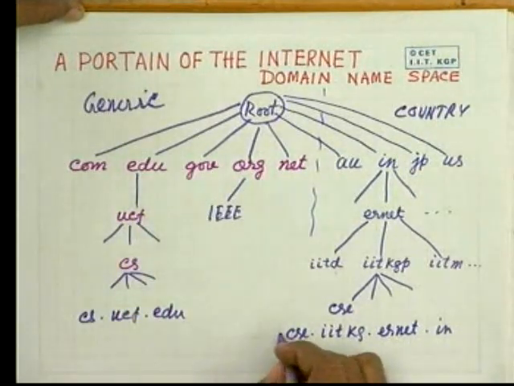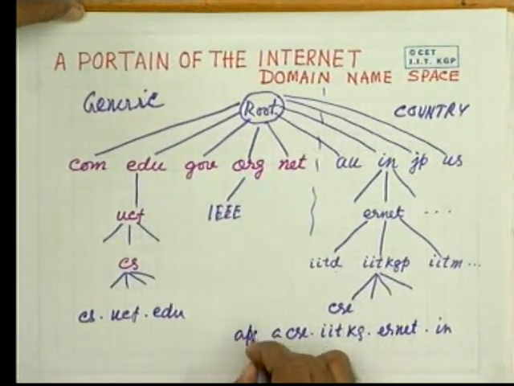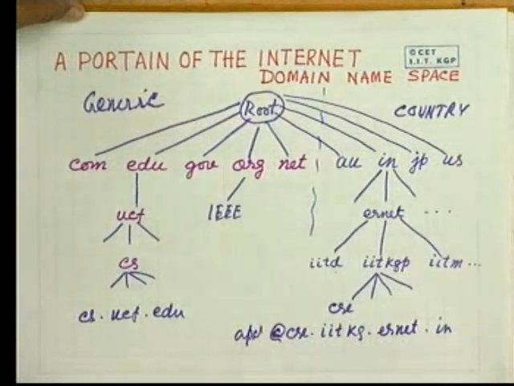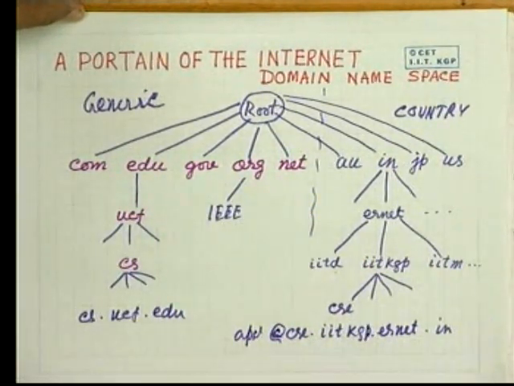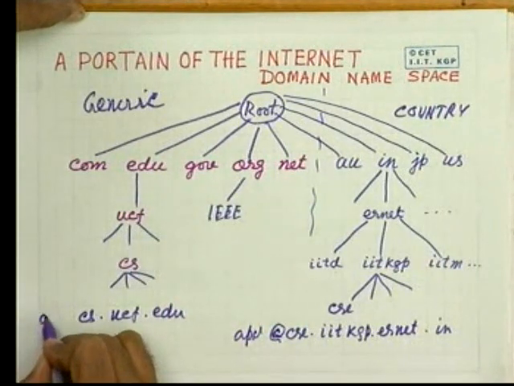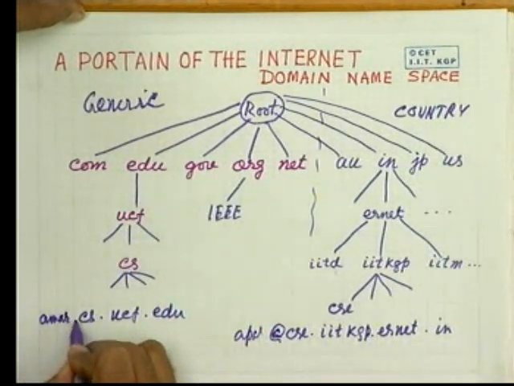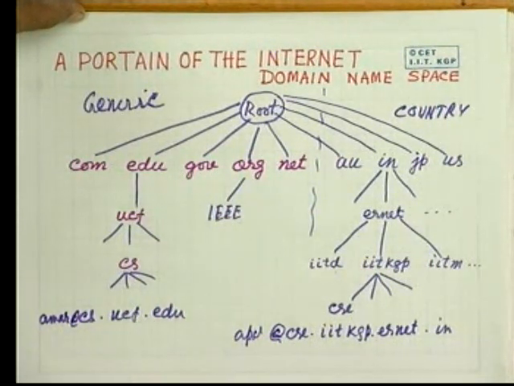So my address will be apal@cse.iitkgp.earnet.in, and this is the name assigned to me, and I can send it to my friend whose name is Amar at cs.ucf.edu.